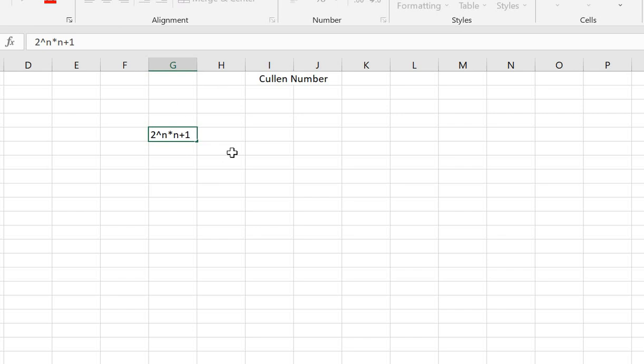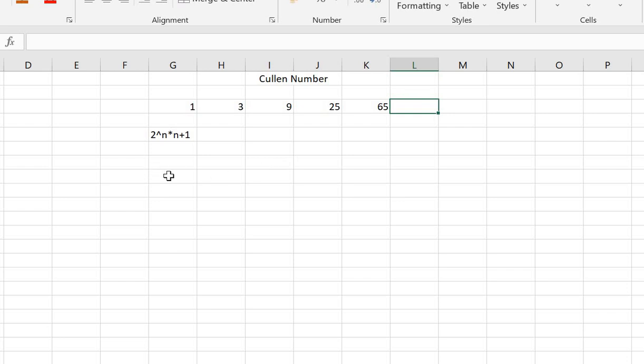Okay, so we have to find out if a particular number is a Cullen number, and as I told you, a Cullen number is a number which is in the form of this. Okay, so for example, the first few Cullen numbers are 1, 3, 9, 25, 65, like this.